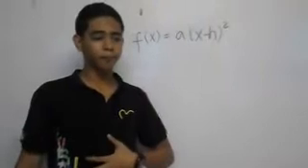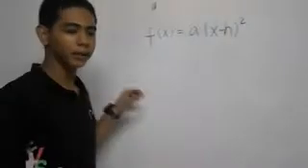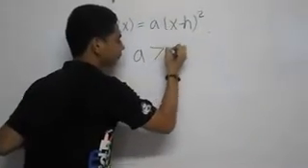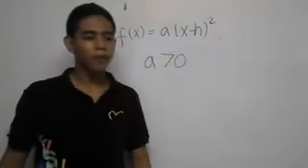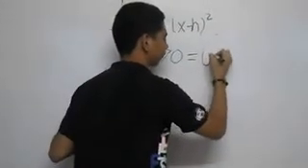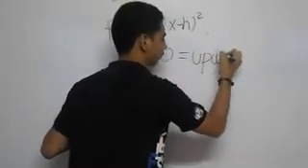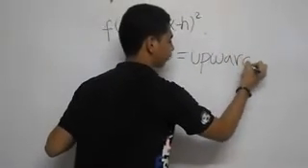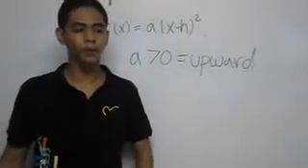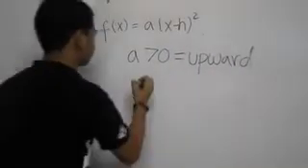If a is positive, or a is greater than 0, the parabola opens upward. The vertex is the minimum point, or the lowest point, of the parabola.